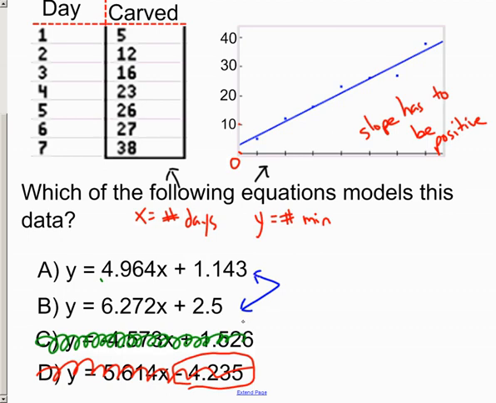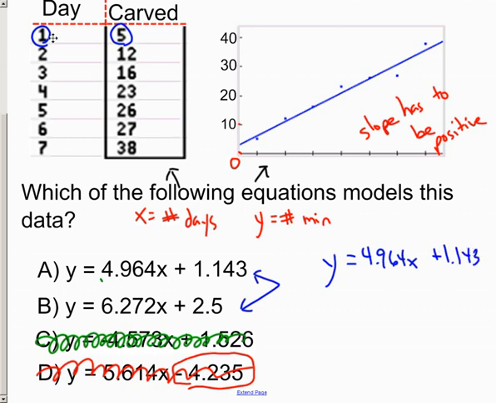How do we go and test it? Well, I say take your x value of 1 and plug it in here and see which gets you closest to 5. So let's do the first one. Y equals 4.964x plus 1.143.